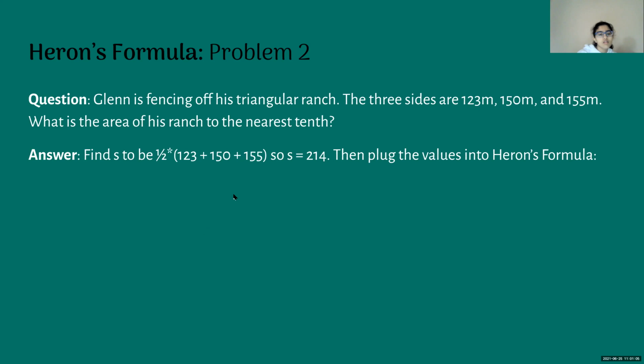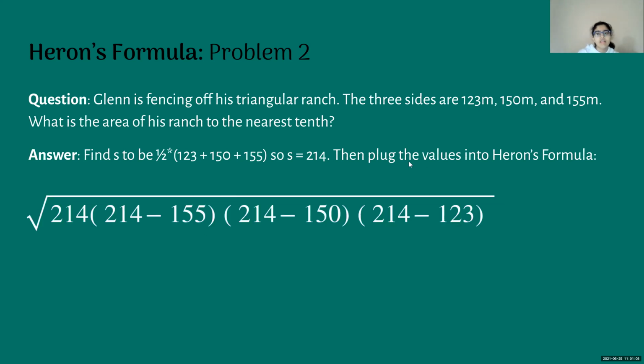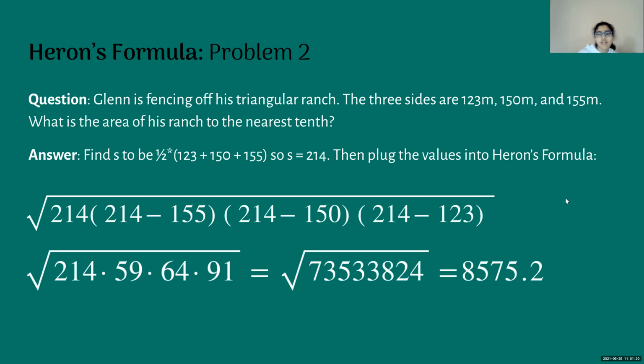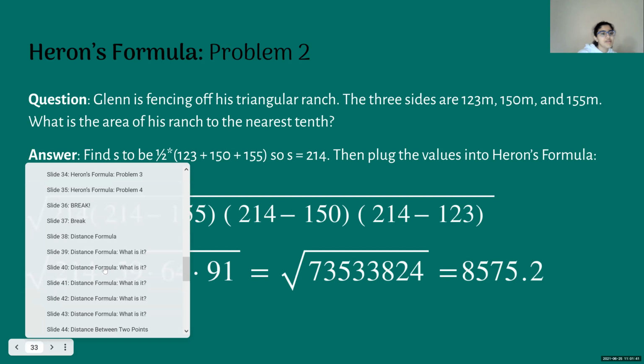So we do S is equal to 214, and then we plug these values into Heron's formula: 214 minus 155 times 214 minus 150 times 214 minus 123 times 214 is just equal to 8575.2 when you round it. So you should have gotten 8575.2, which is the answer I saw for most people, except for the people who rounded incorrectly, which again, make sure you're not rounding incorrectly. That is a very bad mistake to make because we do it all the time.